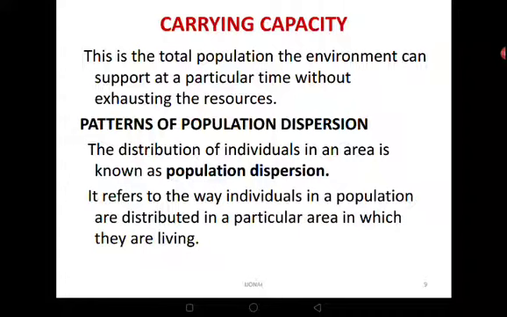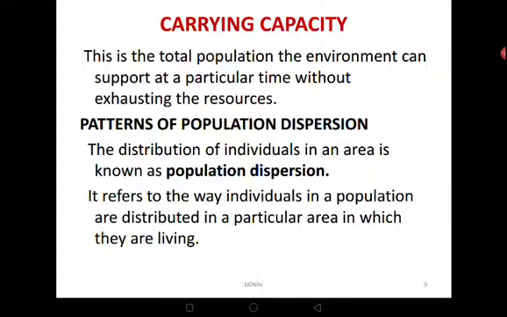That's great. So there is something called patterns of population dispersion. You have seen that in some places the population is much, there are very many people, in other places there are very few. In some places there are very many trees, in another place there are very few. That sounds interesting. What could be happening?